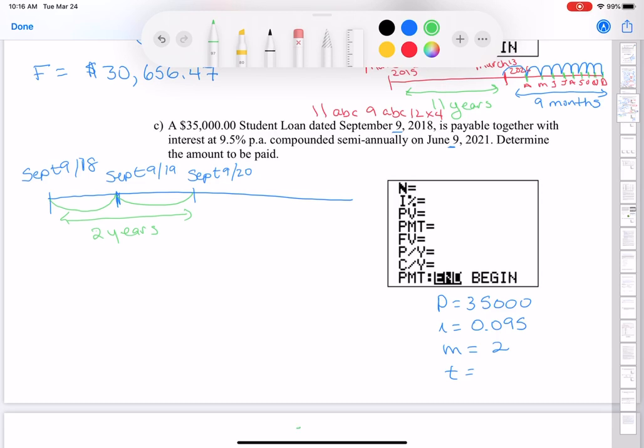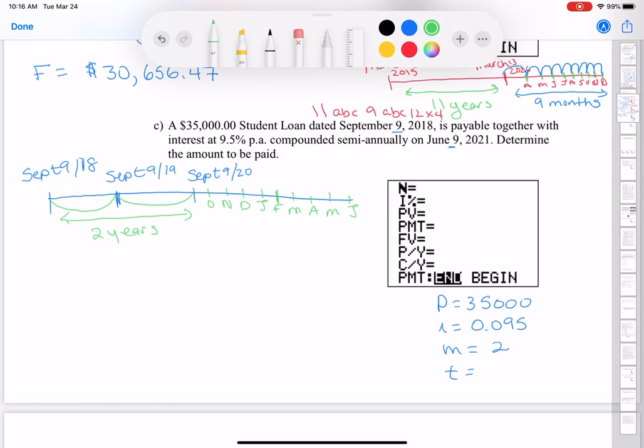So we have October 2020, November 2020, December, January 2021, February, March, April, May, and June 2021.